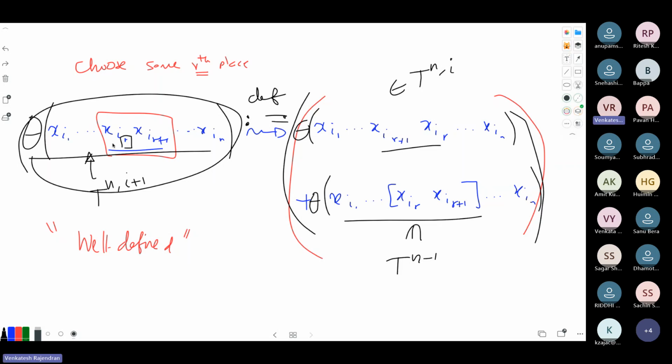If you allow another switch, again, the images should be equal. That will tell you it only depends upon the monomial that you started with, not the position that you chose. So that is what you need to verify, and that will follow from the Jacobi identity.